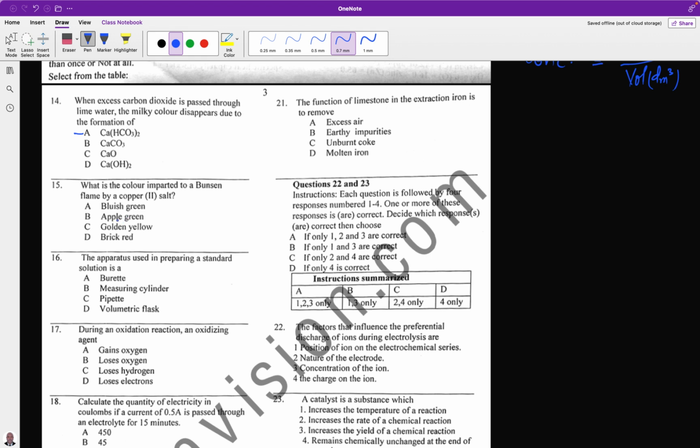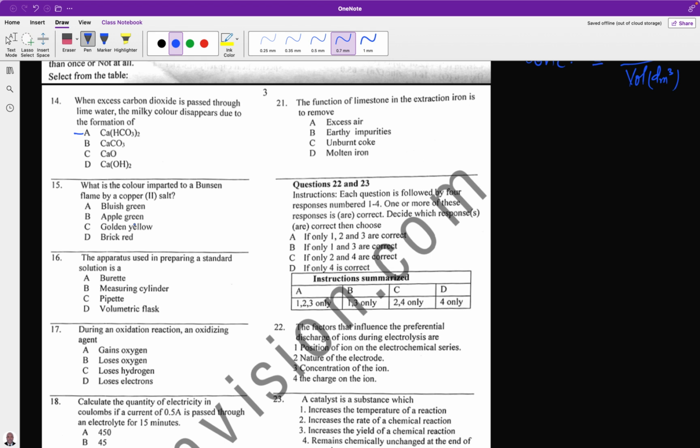Copper 2 ion will always give an apple green color.